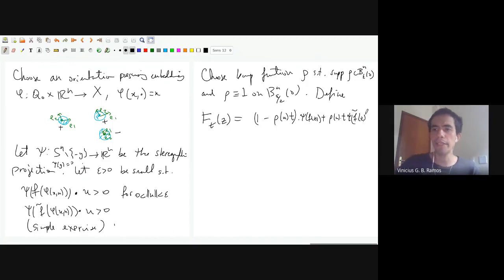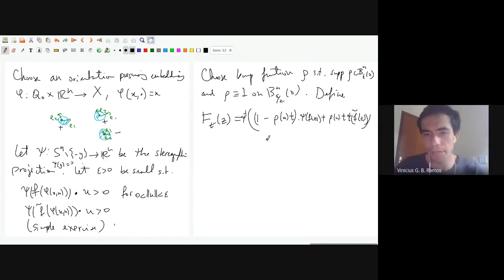So you interpolate linearly between f of z and f tilde of z, but then you have to use the stereographic projection to look at things in Rn, and then you have to look at the inverse of the stereographic projection to go back to Sn.